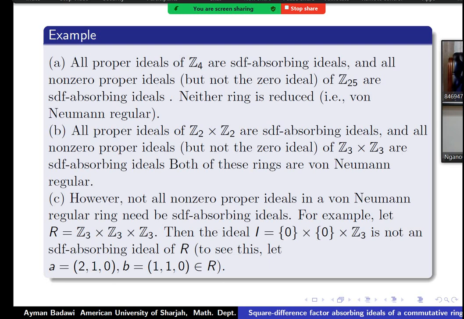So it seems you cannot have a general theorem that will take care of von Neumann regular rings. And even if you take R the product of 3 fields, R is von Neumann here, and you take a non-zero ideal, in fact this non-zero ideal is not an SDF absorbing ideal.